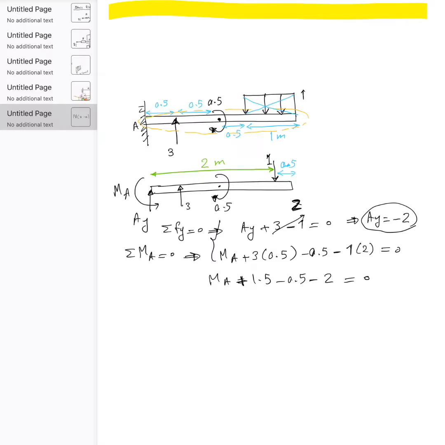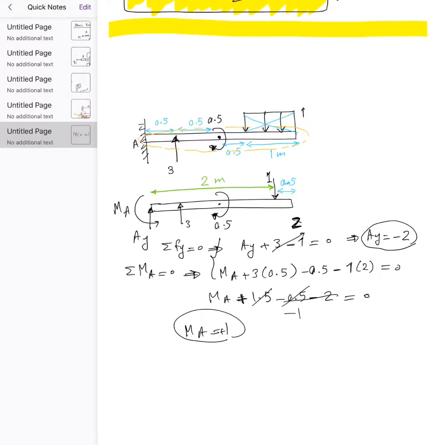So 1.5 minus 0.5 is 1, minus 2 is negative 1. I take it to the right, MA is 1. So here I can just simply put these reactions on the wall. AY goes down, and its magnitude is equal to 2, and MA is just simply like that, 1.